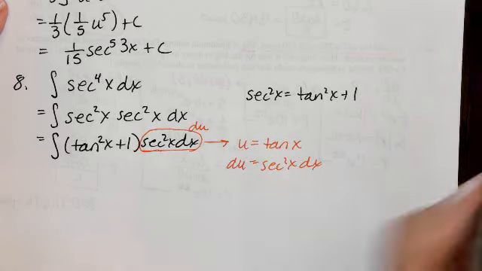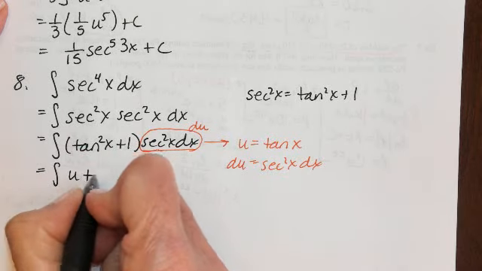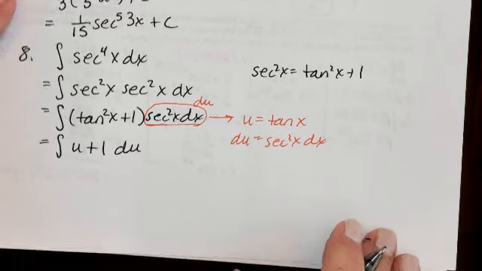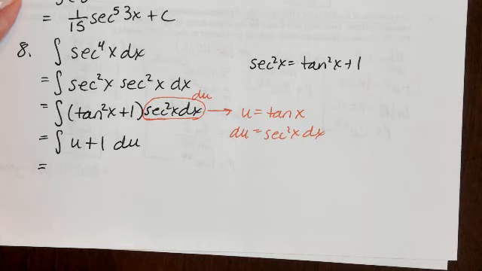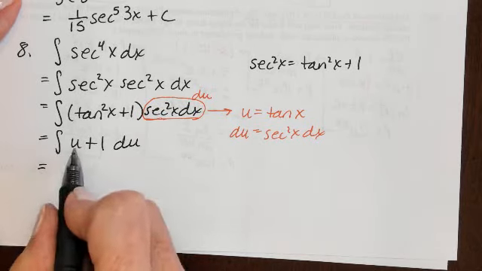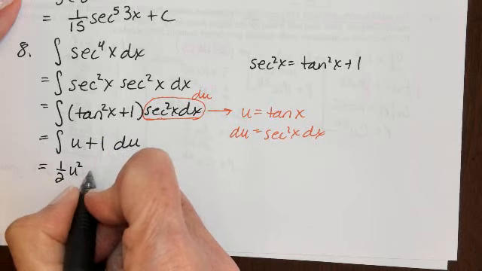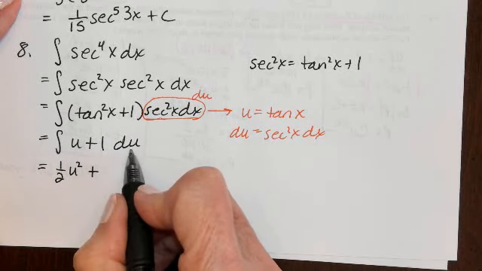Right? So this becomes the integral of u plus 1 du. All right, here's where I want you to be careful. The antiderivative of u du is 1/2 u squared. You guys, what's the antiderivative of 1 du?